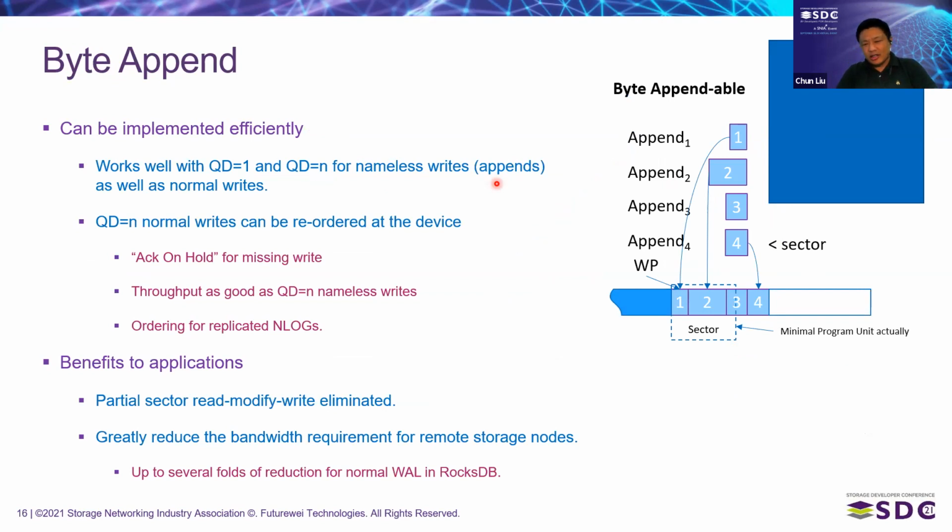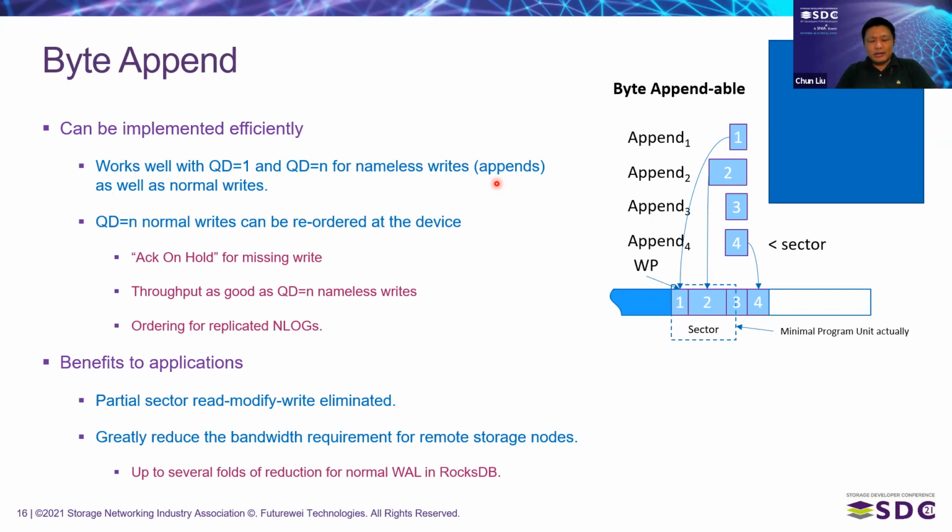Append command is acknowledged once it's accepted into the buffer. When the buffer is full, data are flushed onto NAND media. The same mechanism works for normal writes, since we only accept sequential writes. With queue depth 1, a normal write is just an append operation with the address.